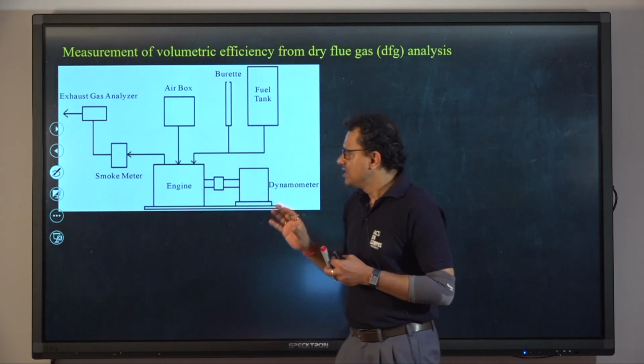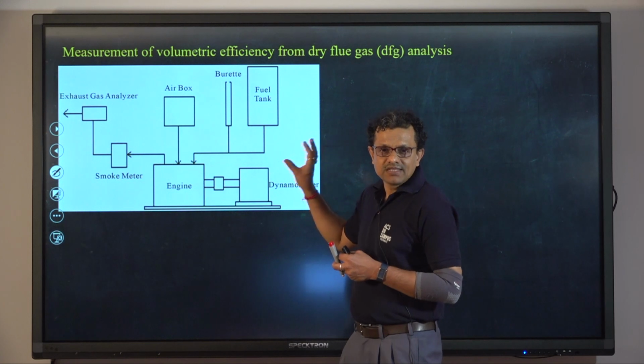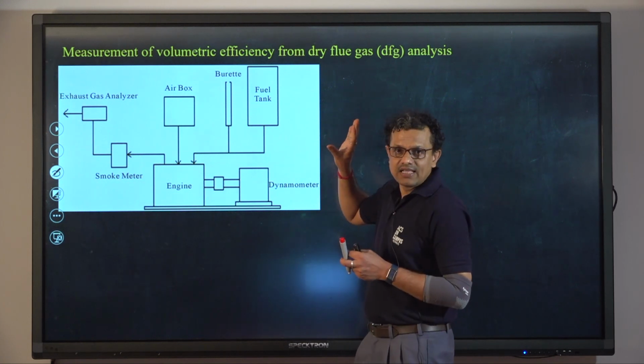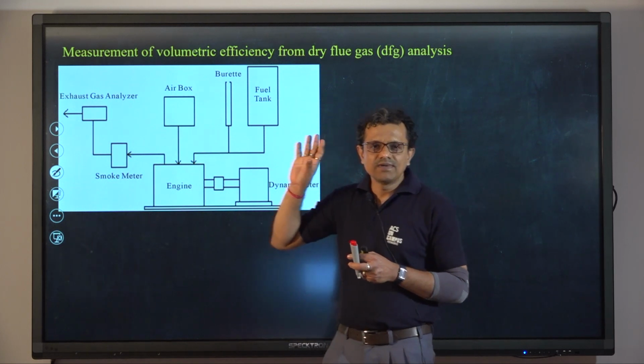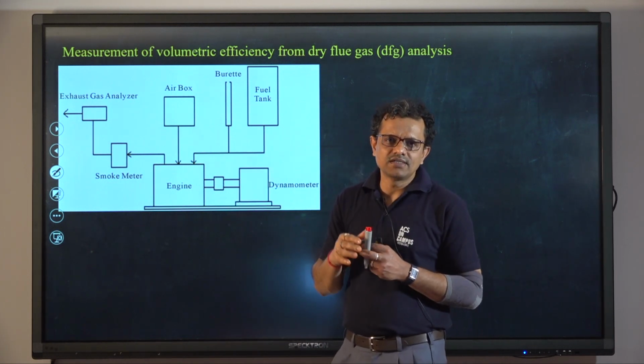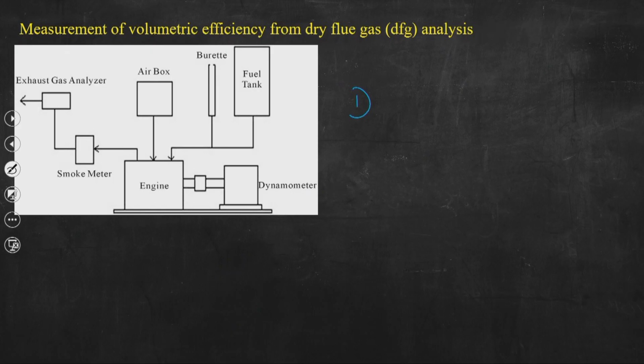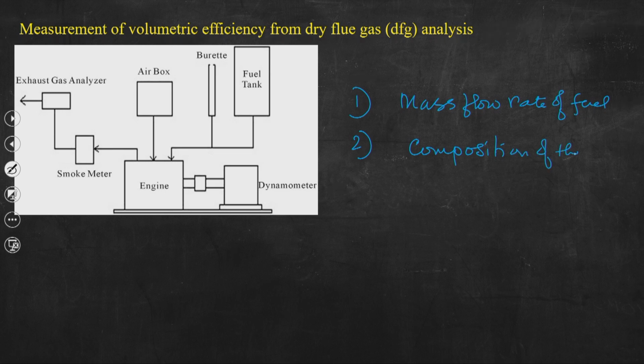As I told you, this method is based on the analysis of dry flue gas or hot flue gas, but for this particular method we need to know two important quantities. One is the mass flow rate of fuel, number two is the composition of the fuel.